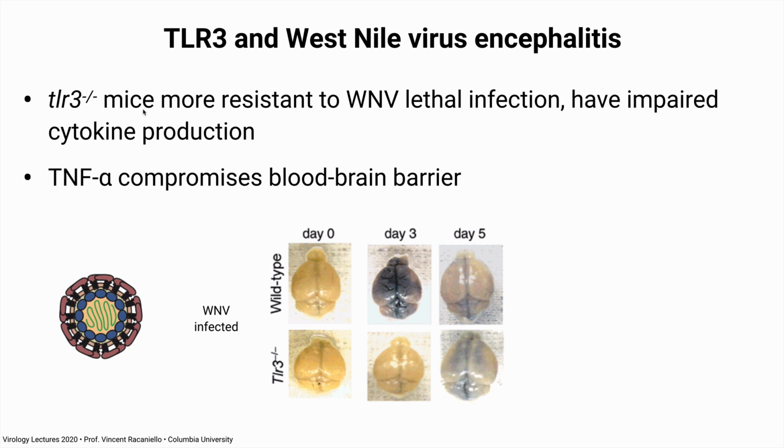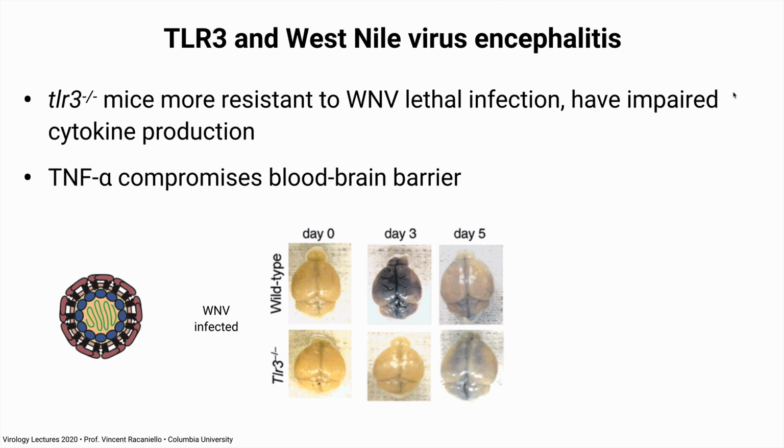The observation here is that TLR3 mice are more resistant to encephalitis. Remember that TLR3, toll-like receptor 3, is a sensor of viral RNA. When it senses virus infection in the periphery of infected animals, that leads to production of cytokines, and included is TNF-alpha, which breaks down the blood-brain barrier and lets virus get into the brain and cause encephalitis.